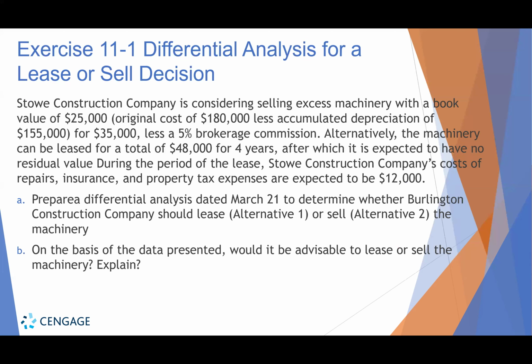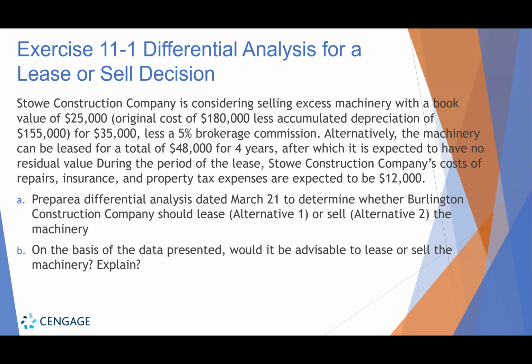Stowe Construction Company is considering selling excess machinery with a book value of $25,000, and you see what we bought it for less our depreciation. It could be sold for $35,000, less a 5% brokerage commission.